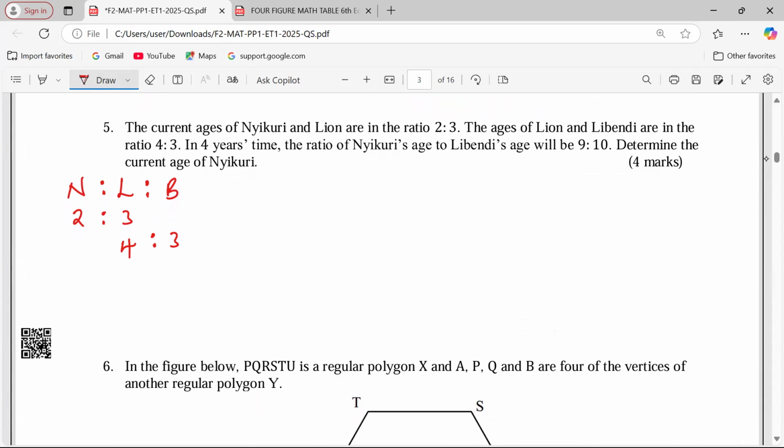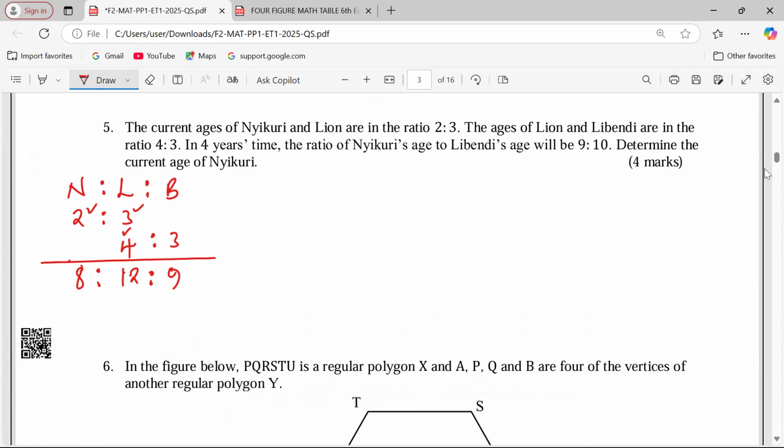Let's get a common ratio. So here we are going to say that in the first position, we'll have 2 multiplied by 4, which is 8. Then 3 multiplied by 4, which is 12. And 3 by 3, which is 9. So the ratio of Nyikuri to Leon to Libendi is 8:12:9.